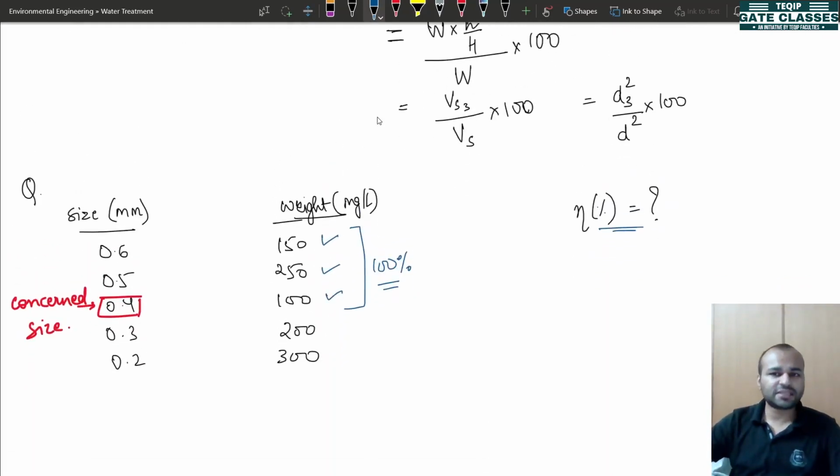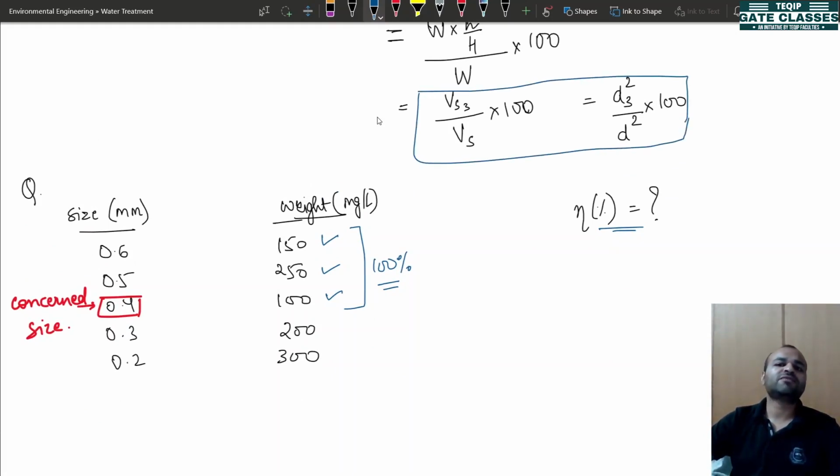Because this relation, based upon the Stokes law, is valid only for laminar flow conditions, and these laminar flow conditions are only valid when the dia is less than 0.1 mm.